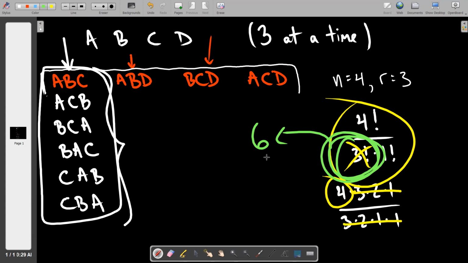If in each of those columns, you took one of the little groups and arranged it all the possible ways by switching to a combination instead of a permutation, that's why we divide by 6. Because instead of 6 of these, I only need to acknowledge 1, and 6 divided by 6 is 1. So what the combination formula does is it eliminates redundancies. It says you've already given me ABC, that accounts for ACB, BCA, BAC, CAB, and CBA. That's where that comes from.